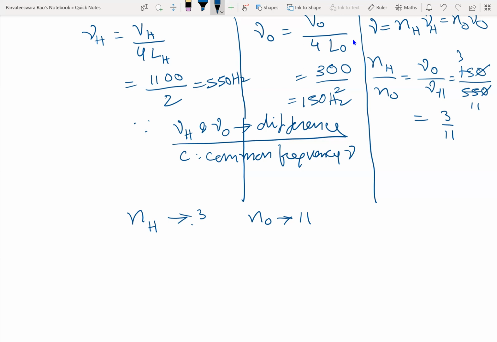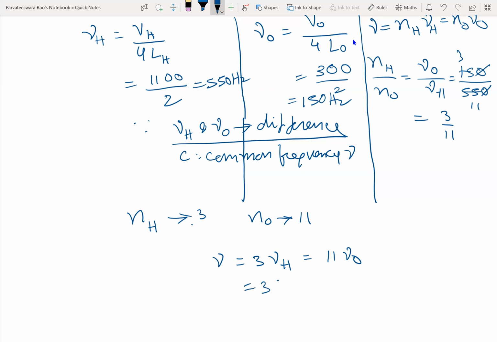So the common frequency nu will be either 3 into nu H or 11 into nu naught. So this is the common frequency.